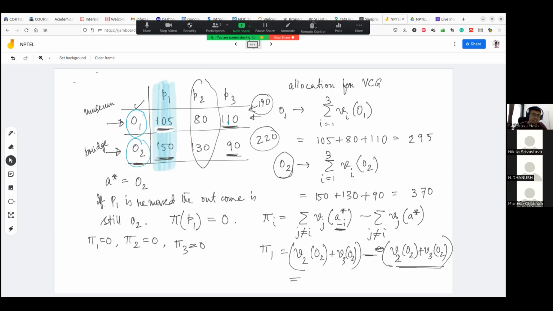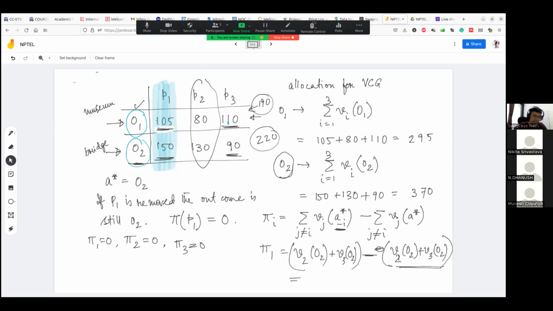what is essentially happening. So it says that this object one, if it goes to one of these three players, they get this. So these are two different object allocations. I thought this was a public good allocation, that is, either you build a museum or you build a bridge, then this is the answer.